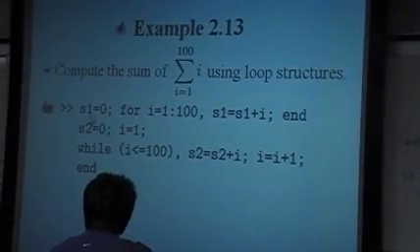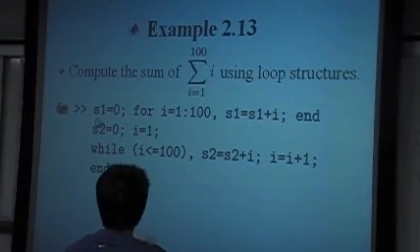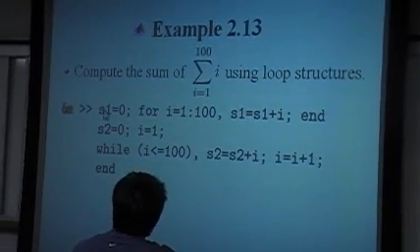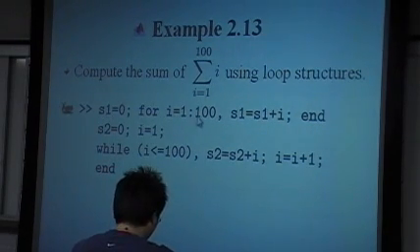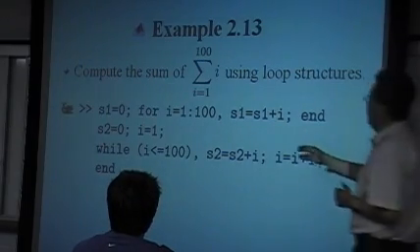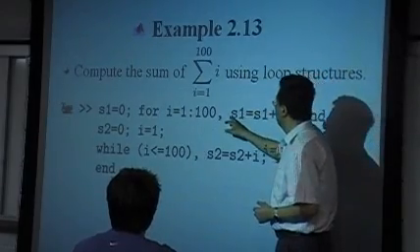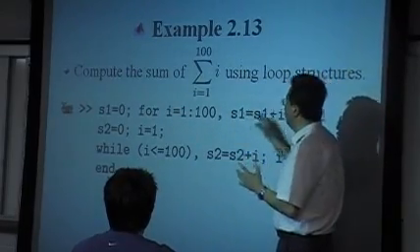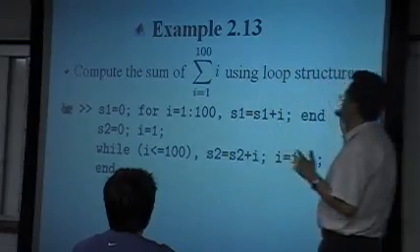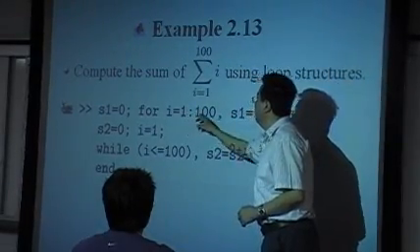We can assume an accumulation variable, set it to 0 first, and then we execute i from 1 to 100. Each time we take the value from the vector and add it, and finally when we have executed all the elements in the vector, we have added up 1 to 100.